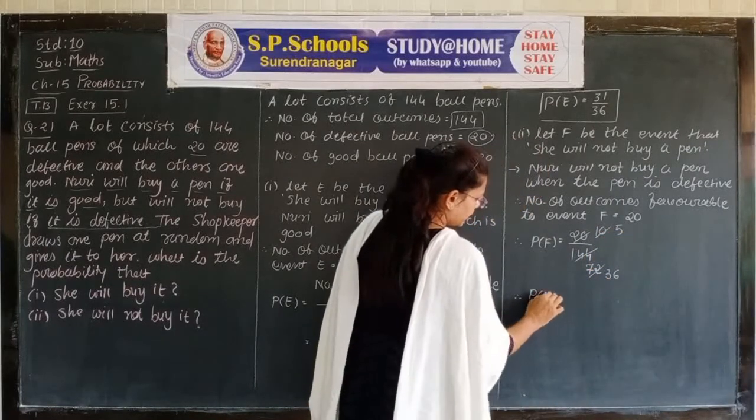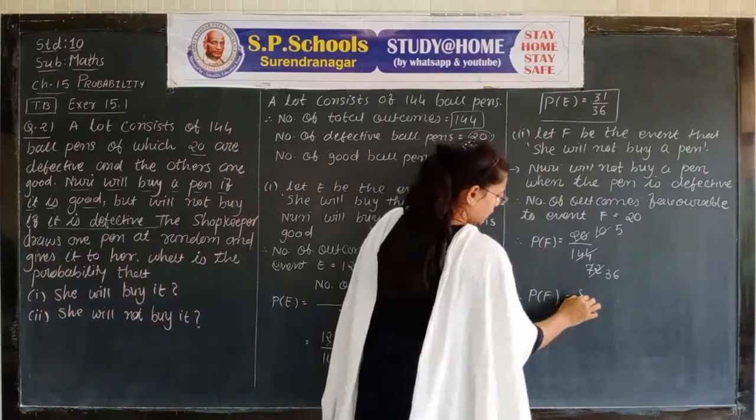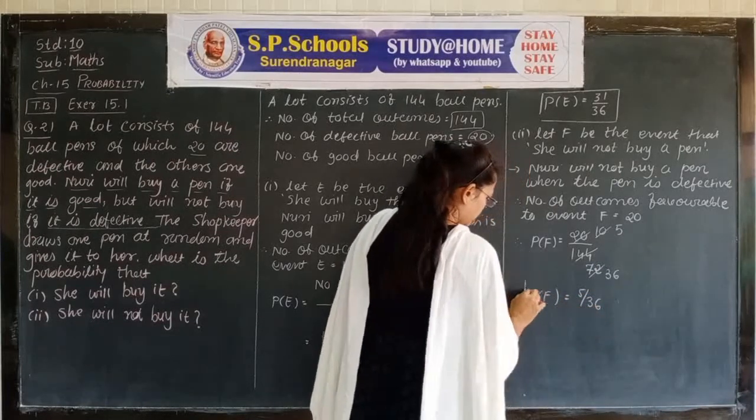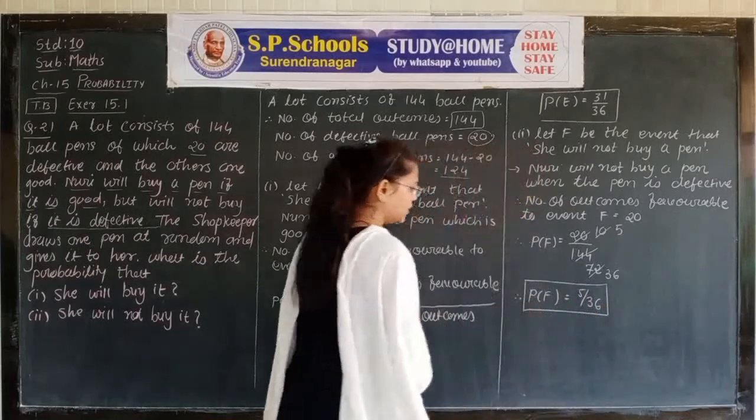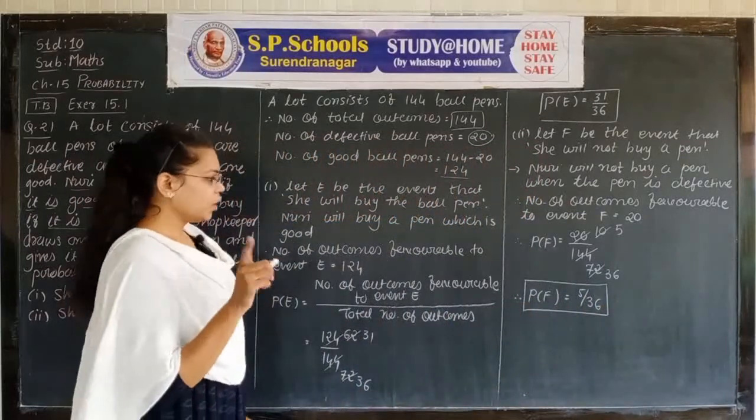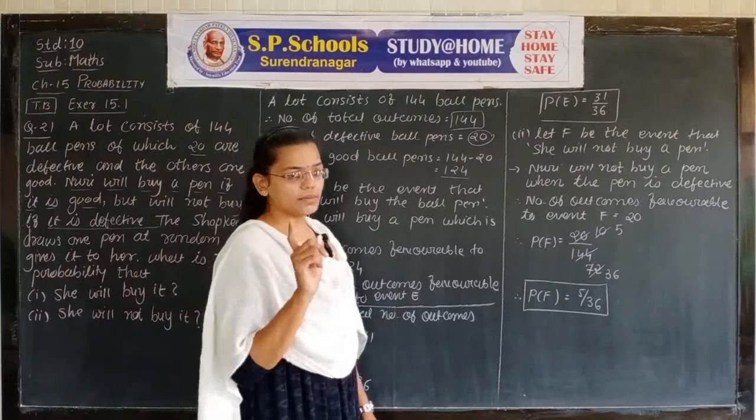Therefore, the probability of event P of F is equal to favorable outcomes 20 upon total number of outcomes 144. Again by 2 the cut is possible: 10 and 72. Again one more cut is possible: 5 and 36. Therefore the probability P of F is equal to 5 upon 36. 5 upon 36 is the probability that Nuri will not buy a pen.